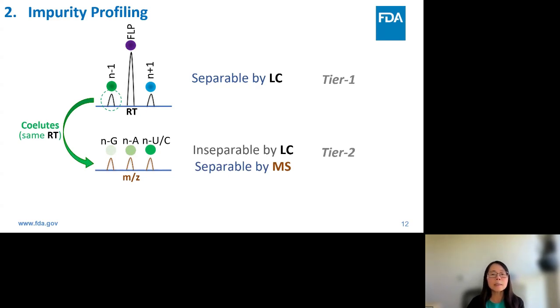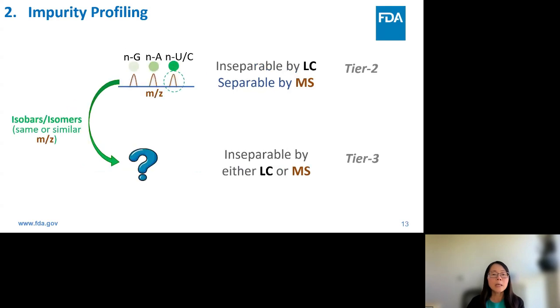Among the co-elutes, some of them may be differentiated by MS dimension due to their mass differences. However, there are instances where the co-elutes have either identical or similar masses, making them inseparable by either LC or MS dimension.